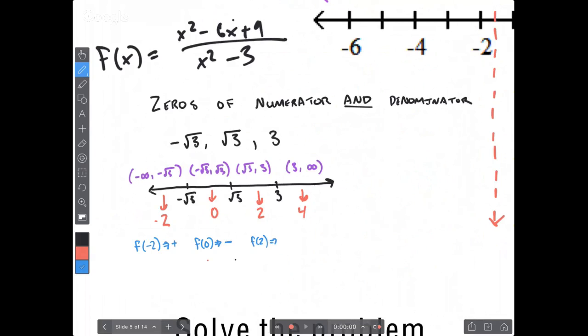Sweet. Because we again have odd multiplicity at root 3, so we should change from negative to positive.